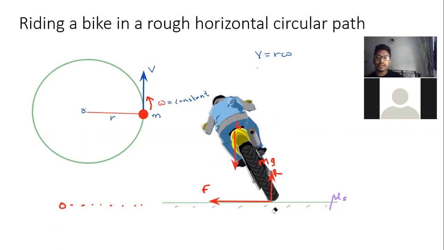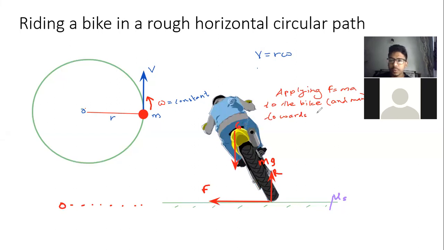Okay, now we can consider this situation and use Newton's second law. Applying F equals ma to the bike, in the sense of bike and the man, towards the center.